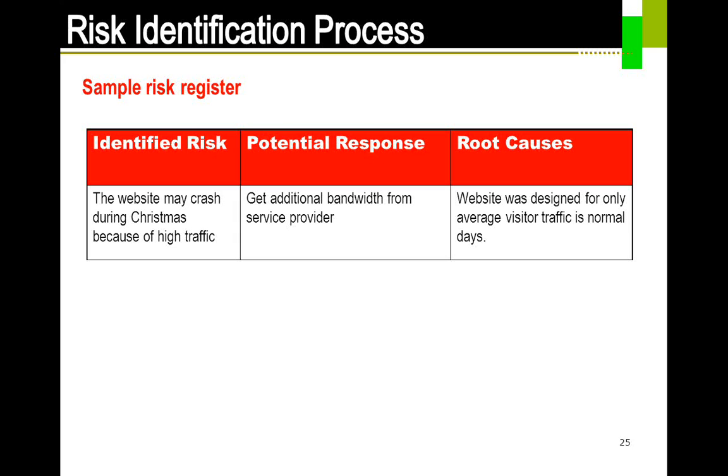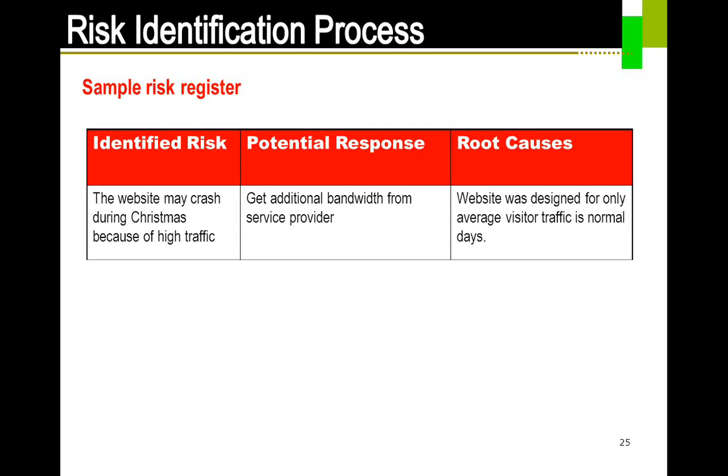To give an example here, you have identified a risk which says that the website you have developed may crash during Christmas because of high traffic. What does this mean? Let's say you have an online shopping website, and especially during Christmas, a lot of people would come and buy products, and instead of accommodating, say, 1,000 users, you suddenly need to accommodate 10,000 users.